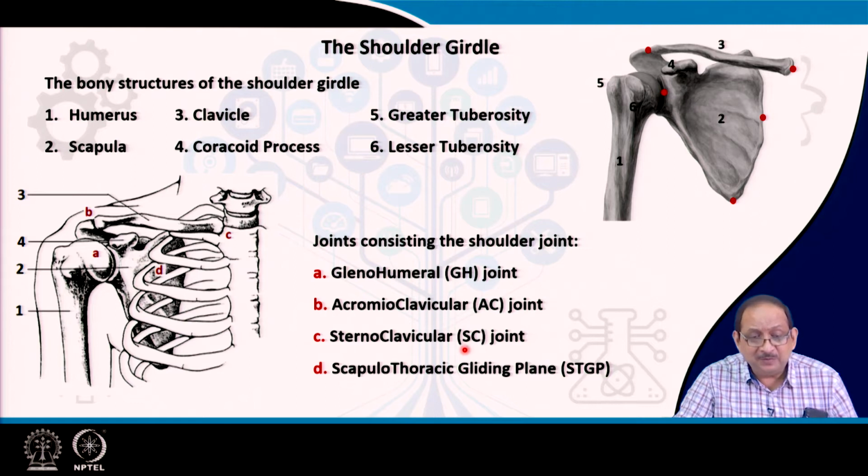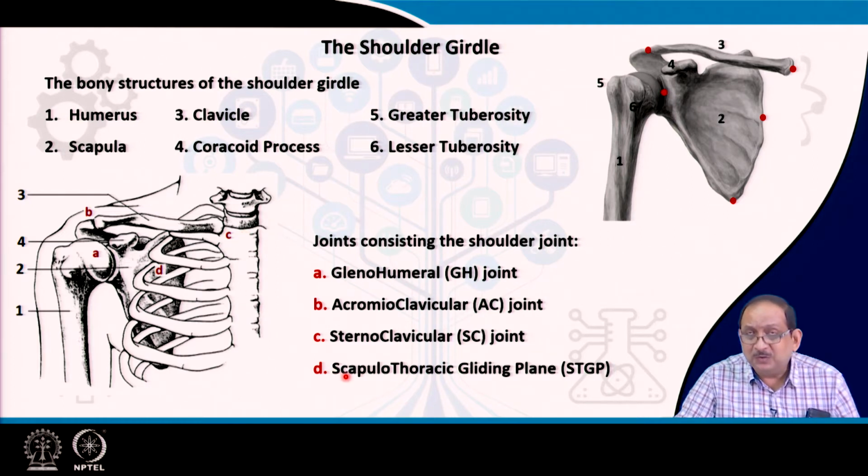The sternoclavicular joint is the joint formed by the sternum and the other end of the clavicle. So, one end of the clavicle forms the acromioclavicular joint, given by B here, and the other end of the clavicle forms the sternoclavicular joint with the sternum.